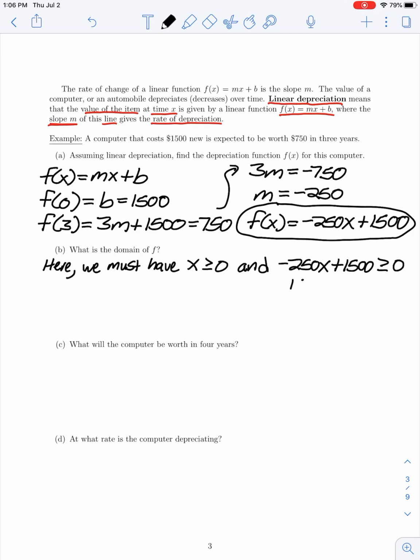If I add 250x to both sides, I find 1500 has to be greater than or equal to 250x. So dividing both sides by 250, I find that x has to be less than or equal to 6.